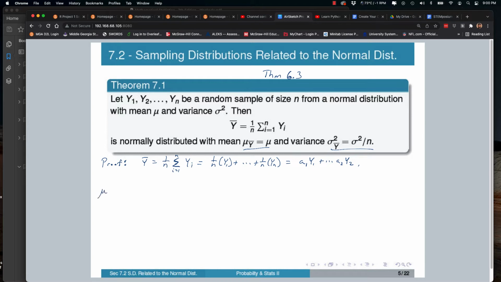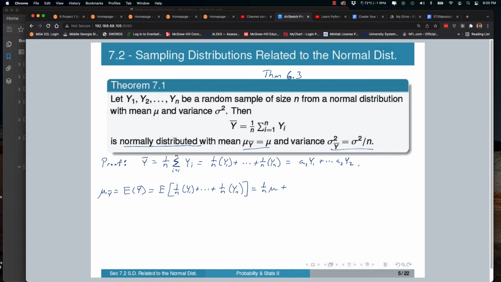So mu sub y bar is equal to the expected value of y bar, which equals the expected value of 1 over n times y1 plus, up to, plus 1 over n times y sub n. If we expand the expected value, knowing that each y sub i variable is normal because the theorem told us that, we get 1 over n times mu, since every y sub i has expected value mu.